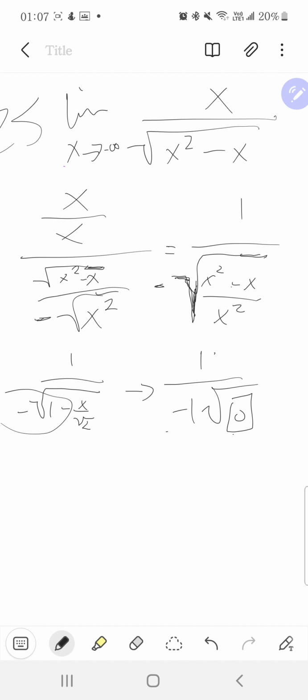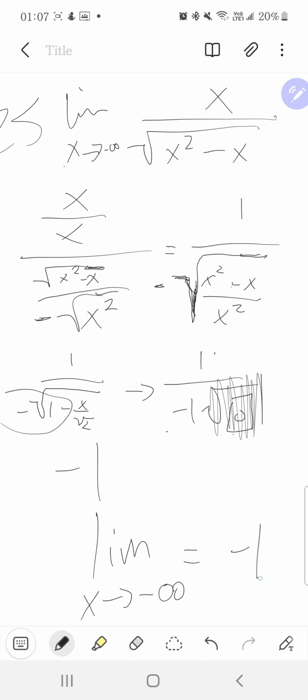This fractional part goes to 0, so we don't have to worry about that anymore. Since that basically goes to 0, we can ignore that. So we have 1 over negative 1, which just equals negative 1. So the limit works itself right out. The limit as x approaches negative infinity is negative 1.